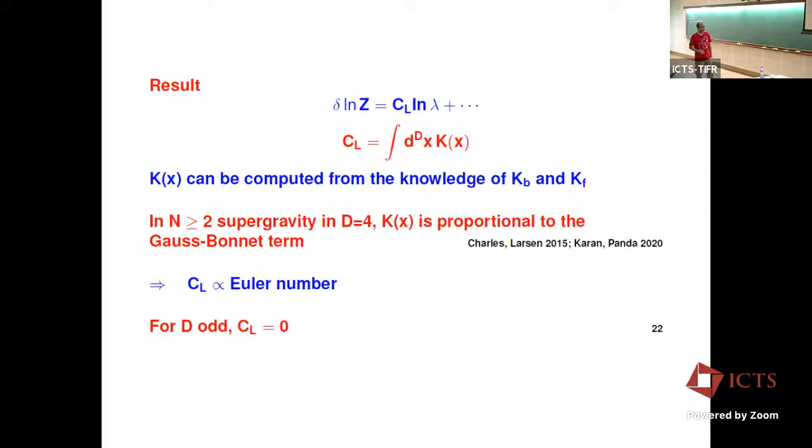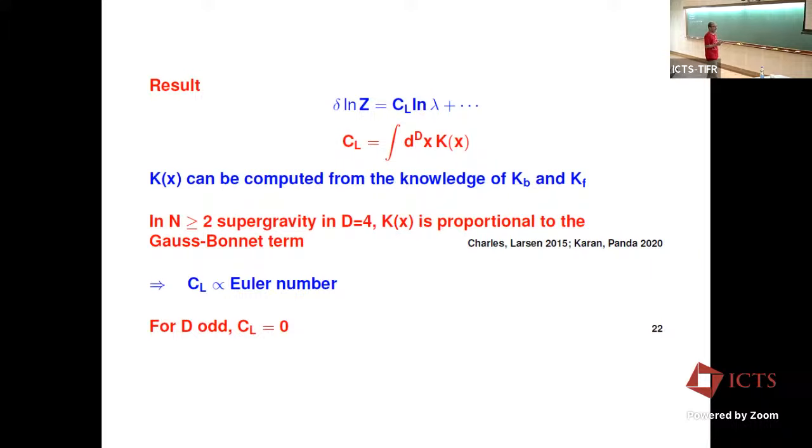So what one finds is that this particular contribution can be written as an integral over the full space-time of some quantity k of x that can be constructed from the curvature tensor and various other invariants of the background. The precise coefficients that come inside k require knowledge of kb and kf, particularly the massless spectrum of bosons and fermions in this theory.